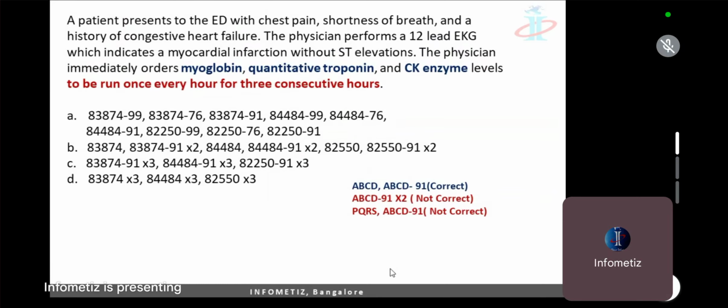Why? Yes, you cannot multiply the same without 91 modifier. Right? Now we have B and C. Tell me which is the correct way to code 91 modifier.